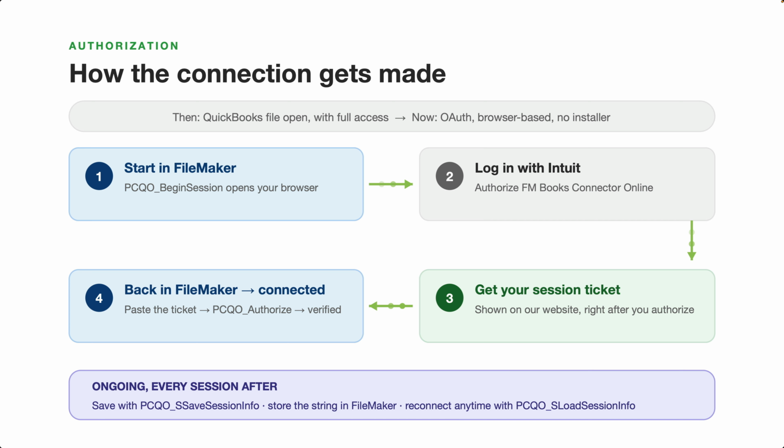Then on future calls, instead of walking the user through the browser authorization again, you'll call PCQO load session info with the stored string, and it reconnects and verifies the session automatically. So, one browser-based authorization up front, and then a save and load pattern for every session after that. And once you authorize the QuickBooks file, you don't need to authorize it for every user connecting. You're authorizing the company file, not each individual user.